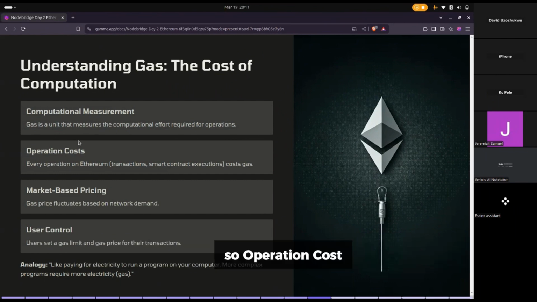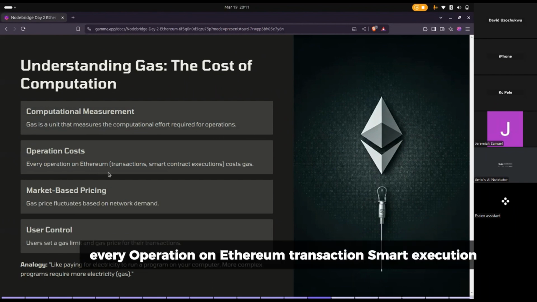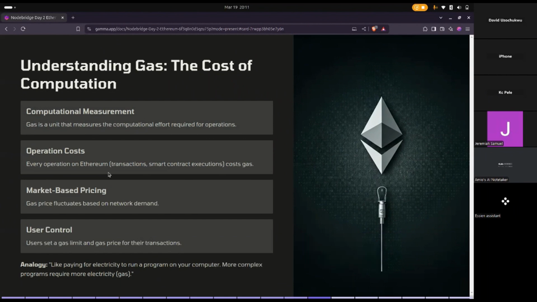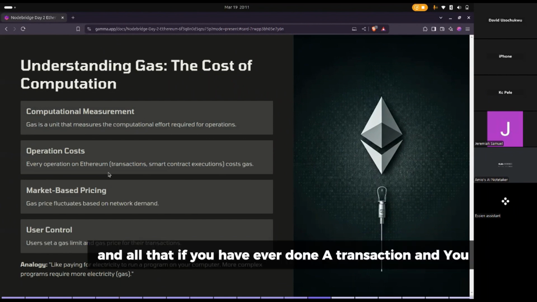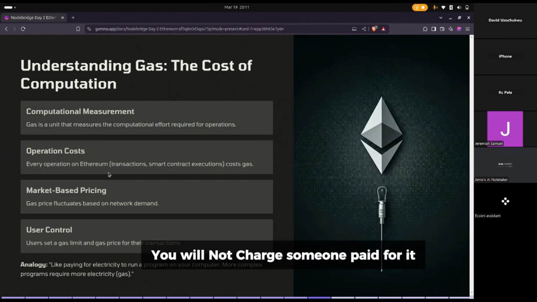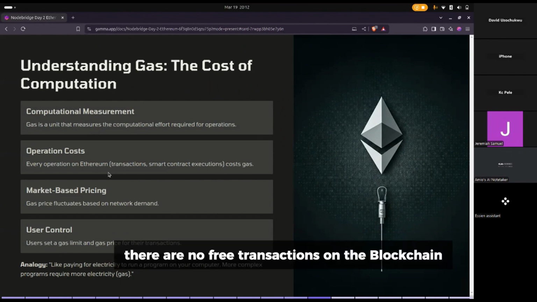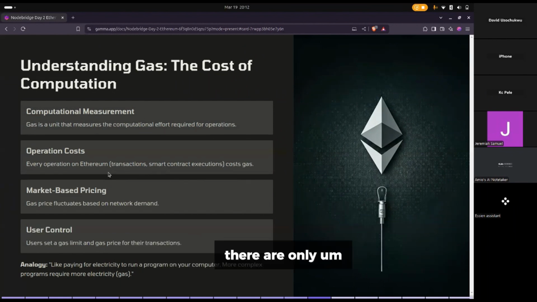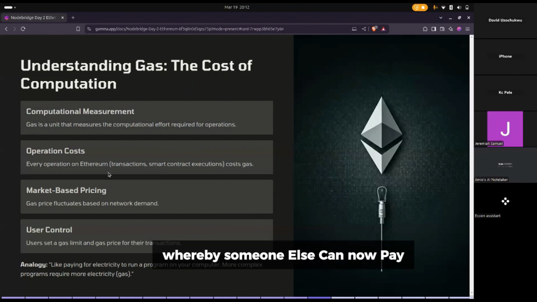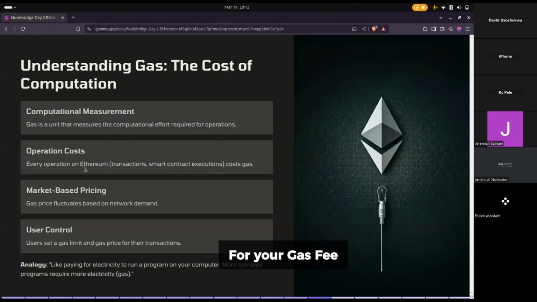So every operation on Ethereum, transaction, smart contract execution, verification, and all that has a cost. If you have ever done a transaction and you were not charged, someone paid for it. There are no free transactions on the blockchain. We now have payable functions whereby someone else can pay for your gas fee.